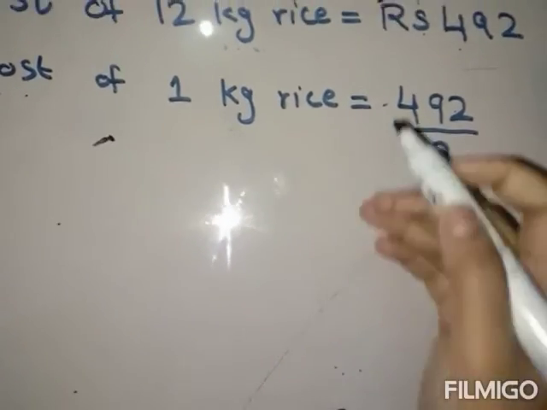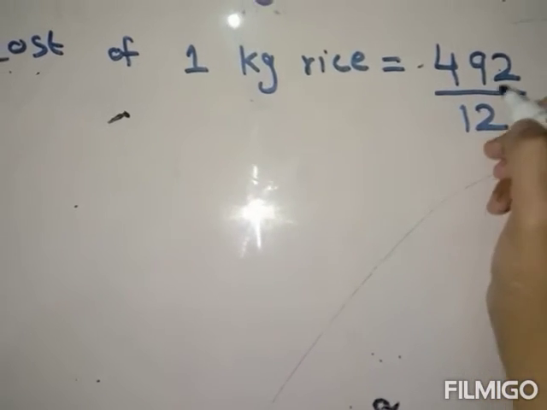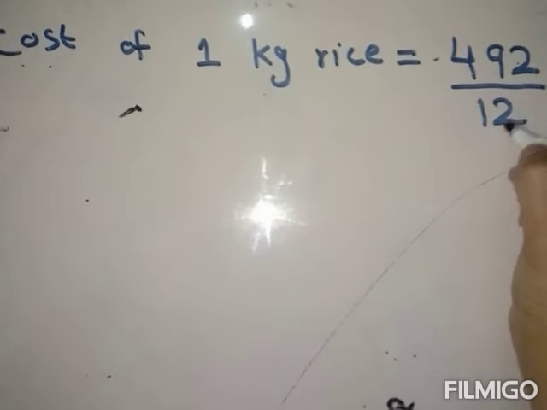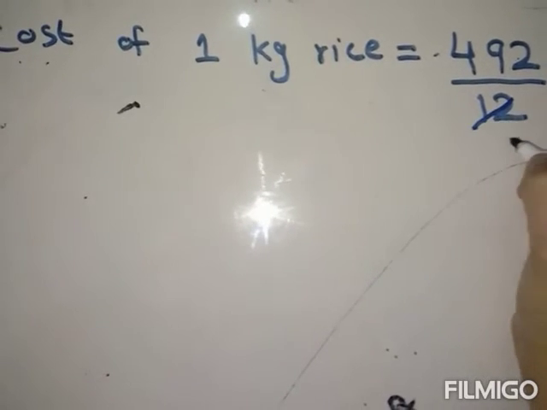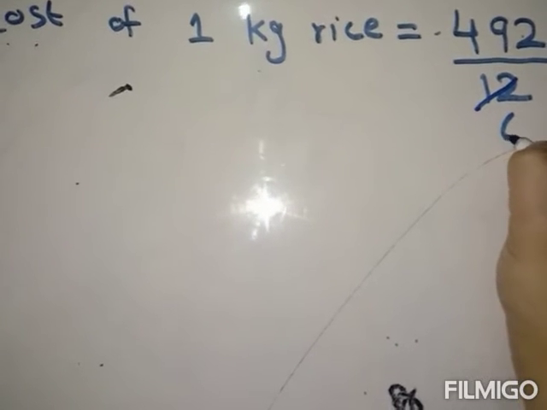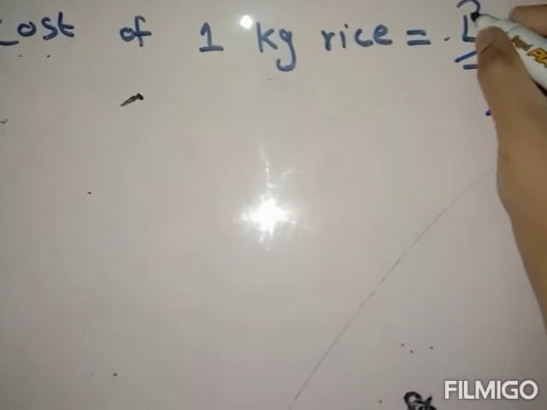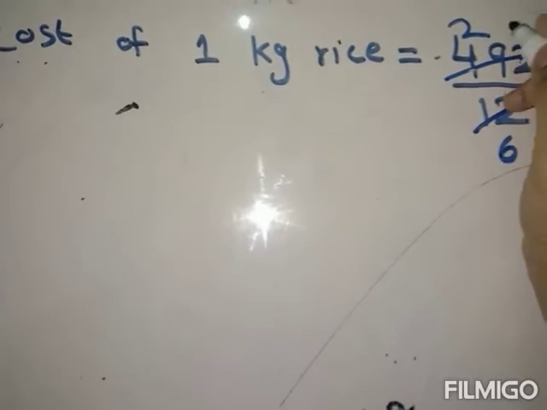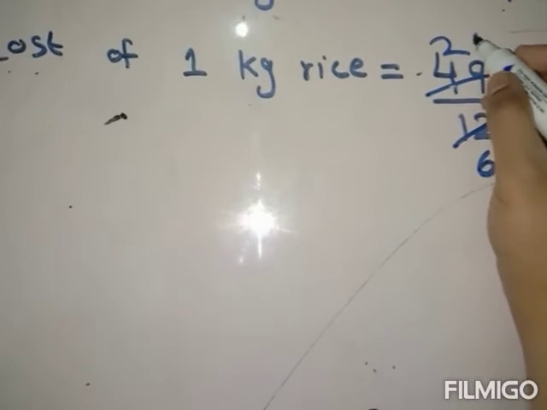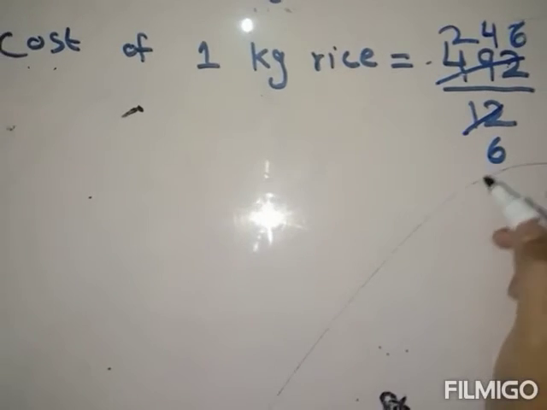So we can cancel it, because the last two numbers are even, so we can do cancellation. 2 sixes are 12, 2 twos are 4, 2 fours are 8, 2 sixes are 12.